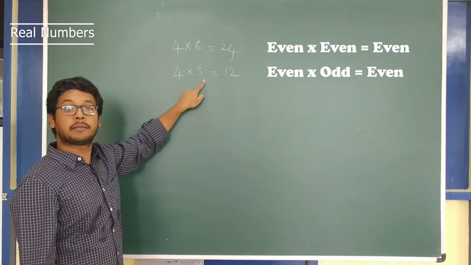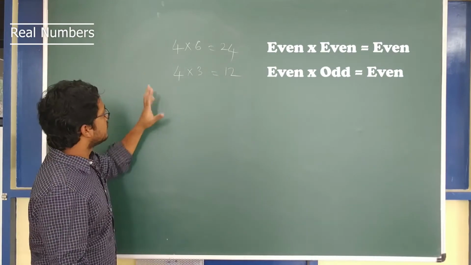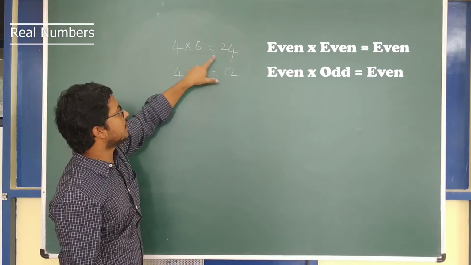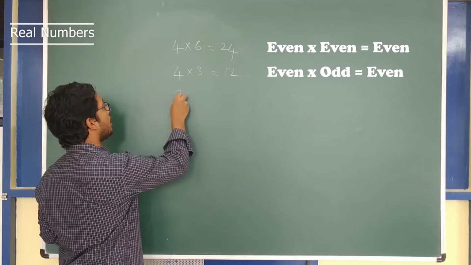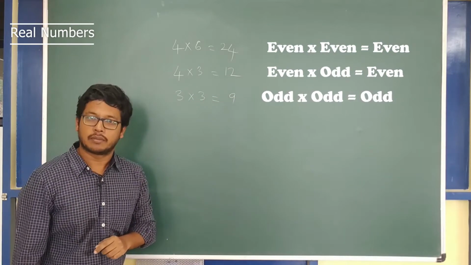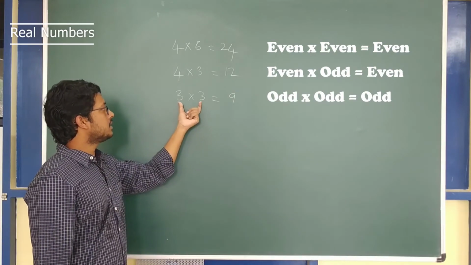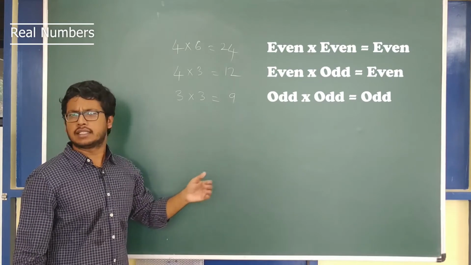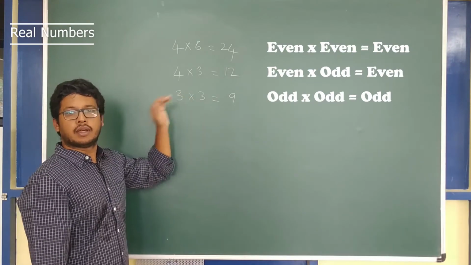An even number when multiplied by an odd number, the resultant will again be an even number. So essentially when you multiply an even number with anything, the resultant will be an even number. But if you multiply odd and odd, for example 3 into 3, then the resultant will be an odd number. Division we will not do for this property because the resultant may not be an integer. We saw that already. So therefore we will stick up to multiplication.